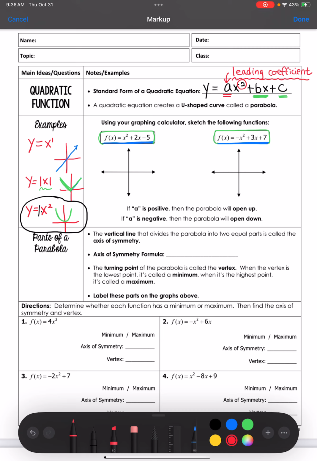So the first graph, when you look at the equation, your a value is 1. Second graph, your a value is -1.